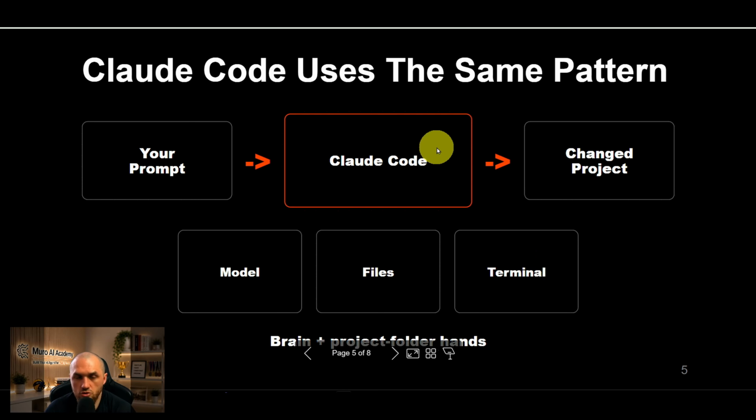Now look at Claude Code through this diagram. Claude is the brain. All of the new Claude models are the brains. Your project folder is the world it can touch. So the terminal, the files, the edits, web search, and the commands that it is running on your computer are the hands.